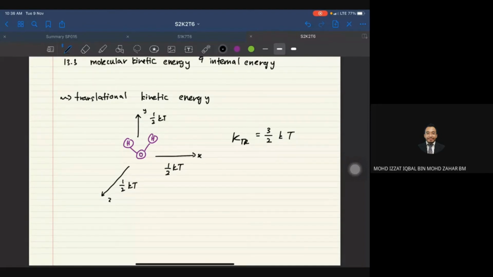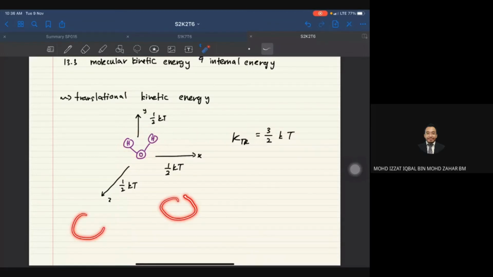And then if you want to find the total, yang total ni sebenarnya biasanya dia tak ada dalam syllabus kamu, tapi dalam nota kamu ada, so saya tunjuk lah. So KTR ni 3/2 KT ni untuk satu molekul. Okay, so let's say if I have a container, I have 3 molecules.